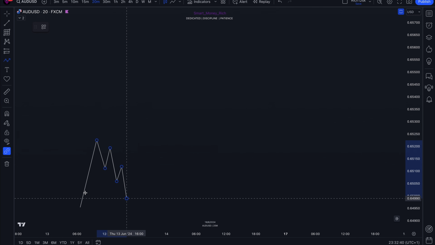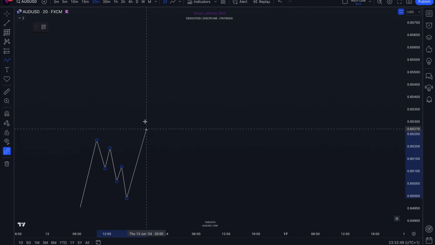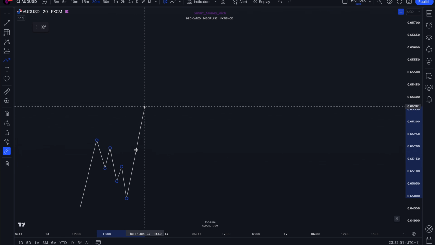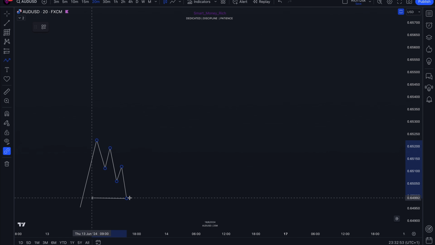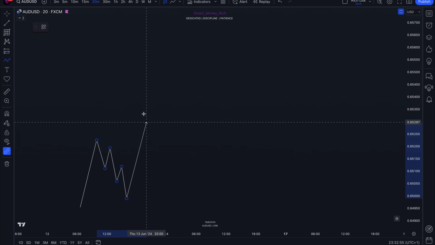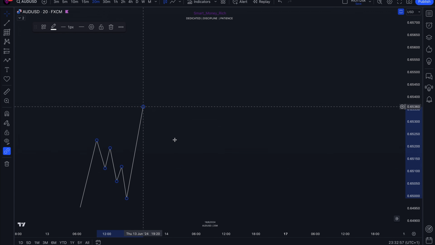And price always pulls back to rebalance itself, to put itself in a place where buyers will find it attractive to buy again, right? And then once they trade into a level of demand, we are then going to get what? An impulse.